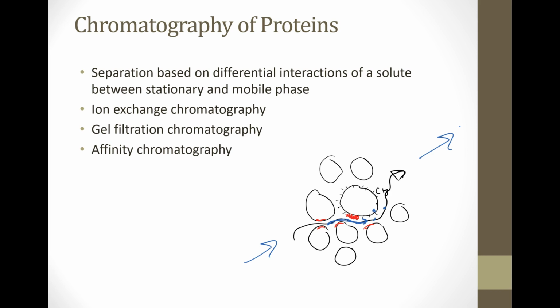And so a particular solute's unique interaction or interactions between a stationary phase and a mobile phase will allow it to separate from any other solute that has a different ratio of interaction time between those two phases.